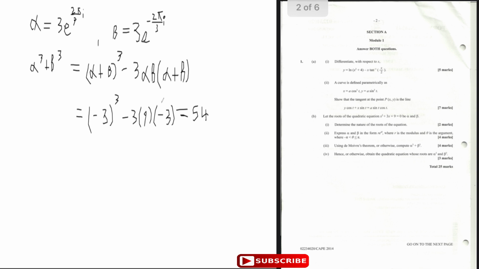Now we know how to write the standard form of a quadratic equation. If we recall from unit 1, the new quadratic equation, any quadratic equation, is generally written in the form x squared minus the sum of the roots times x plus the product of the roots equal to 0. This is how we write a quadratic equation.